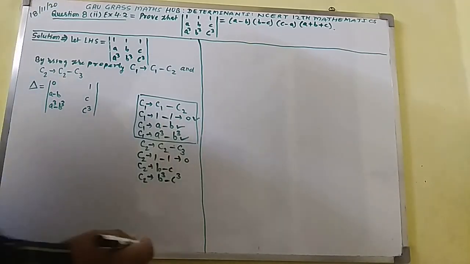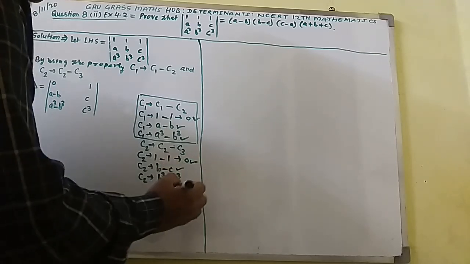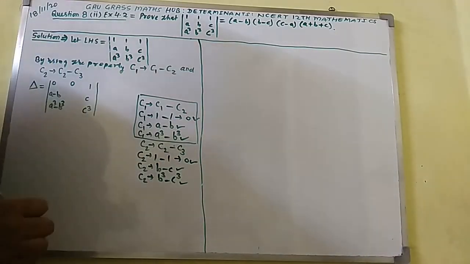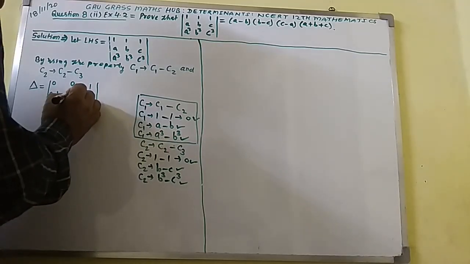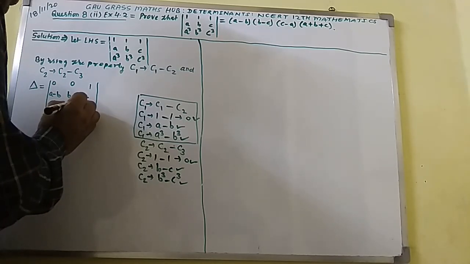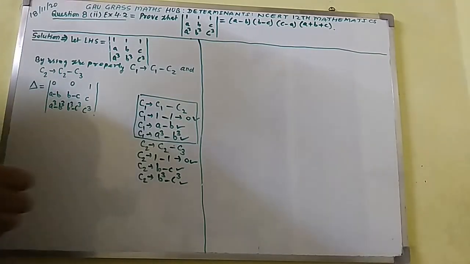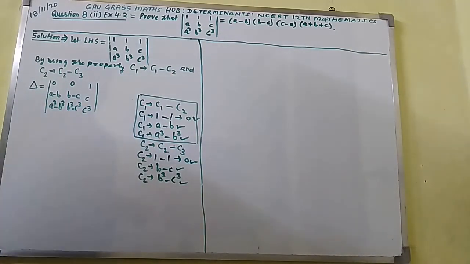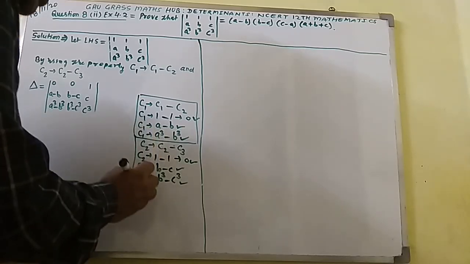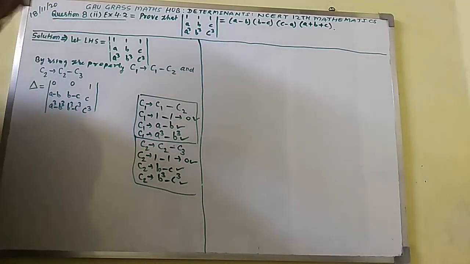So we will get the element of second column as 0, b minus c, b cubed minus c cubed. This thing you will get. This can also be enclosed in this box. This is the rough work.